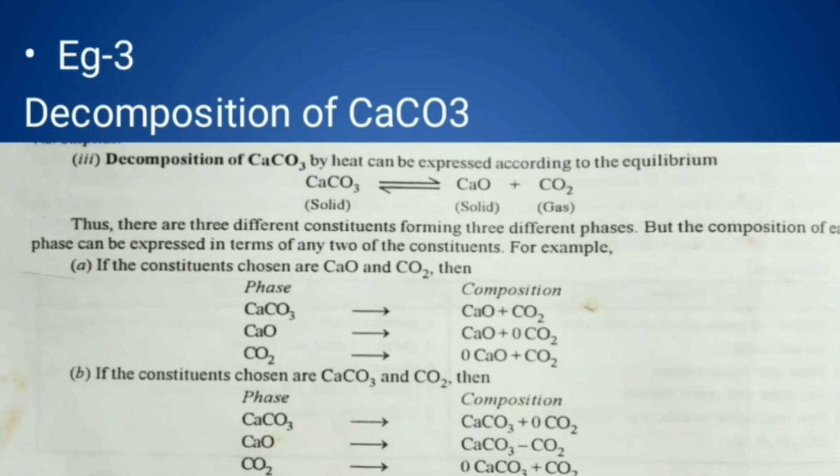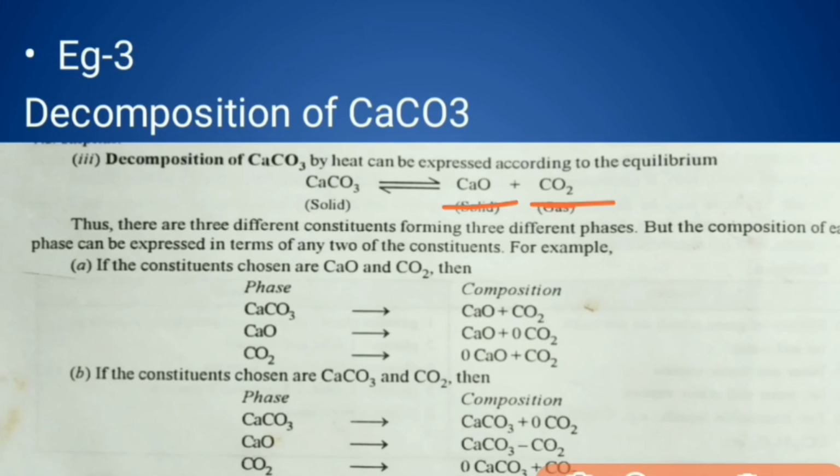Now let's take the third example, which includes the decomposition of calcium carbonate, CaCO3. CaCO3 can be decomposed, and the equilibrium is shown here. CaCO3 is in the solid phase, and when it is decomposed it gives CaO and CO2.